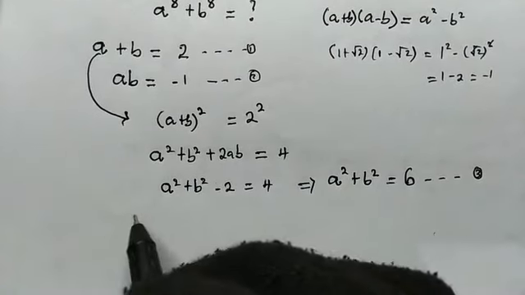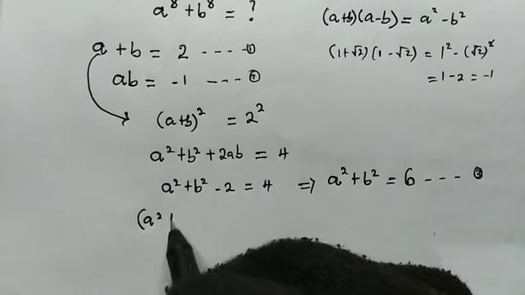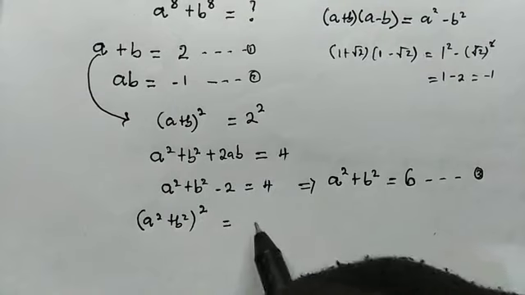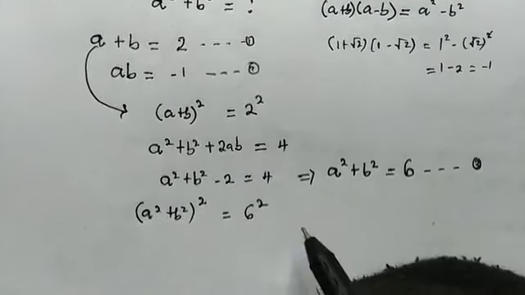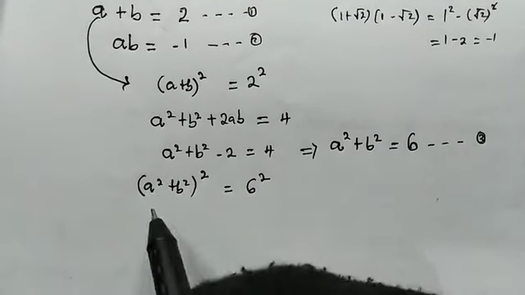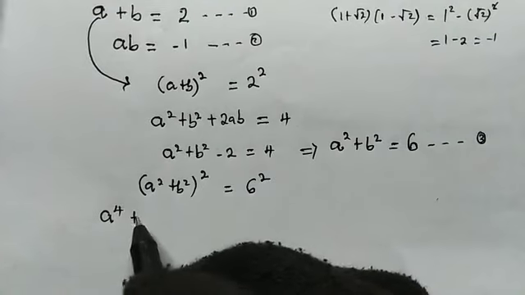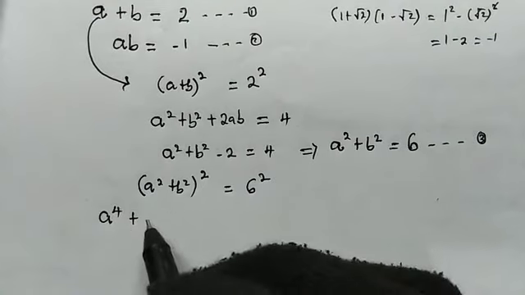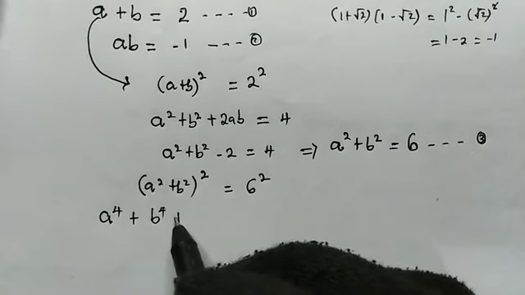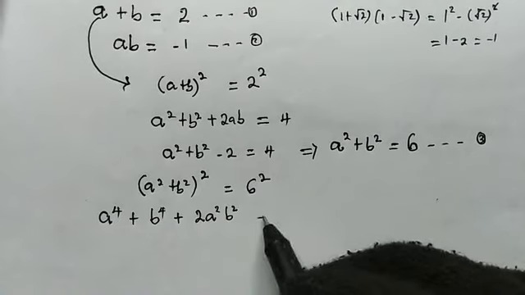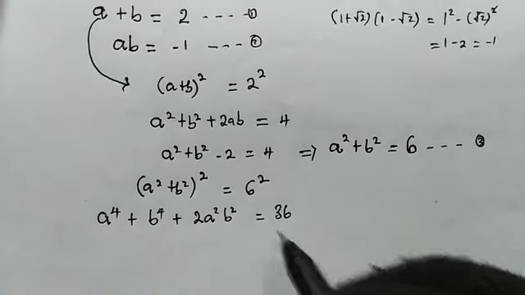Now from equation 3, let's square both sides. So this will be (A² + B²)², which will be equal to 6². Now, (A²)² will be A^4, plus (B²)² will be B^4, then plus 2A²B². This will be equal to 6², which is 36.